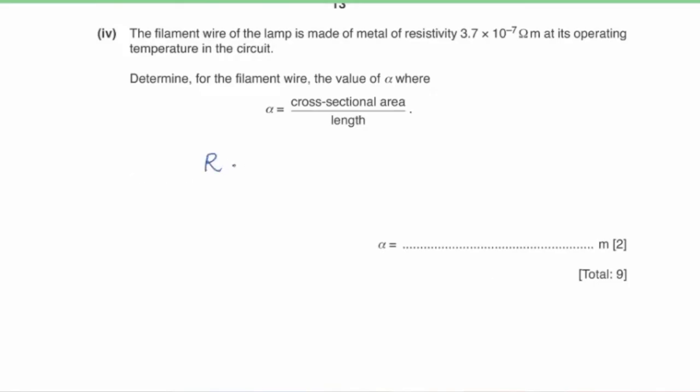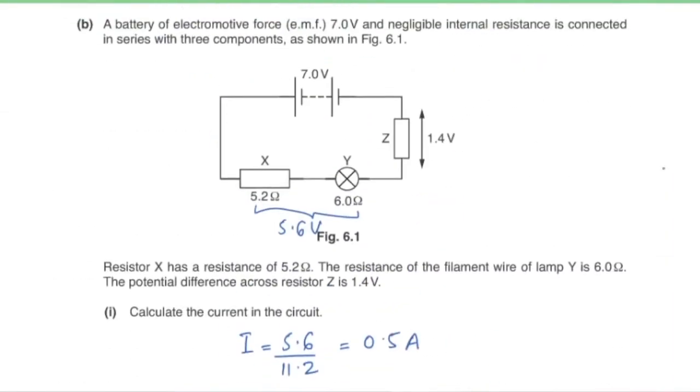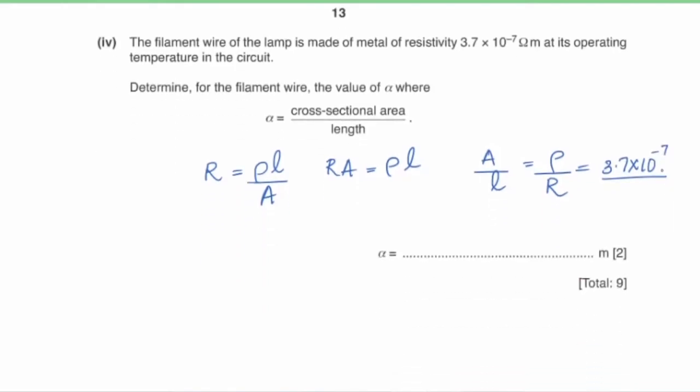So the formula is resistance is equal to resistivity into length by area, so resistance into area is equal to resistivity into length, and so cross-sectional area by length is equal to resistivity divided by resistance, where resistivity of the filament wire of the lamp is 3.7 into 10 to the power of negative 7, and the resistance of the lamp is 6 ohms. So this gives me alpha with value 6.2 into 10 to the power of negative 8 meters.